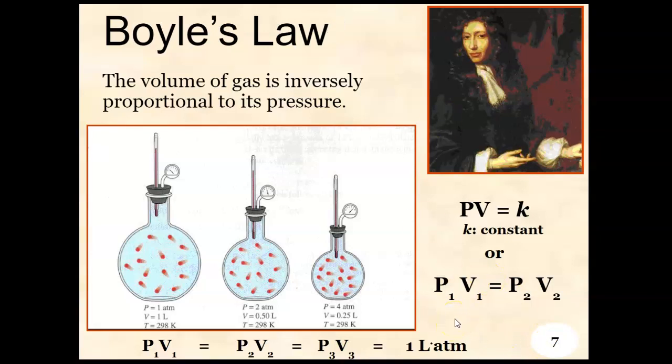So it leaves you with this formula: P1V1 equals P2V2, which equals P3V3, which all equals 1 liter ATM. That's pressure and volume. 1 liter, 1 ATM.